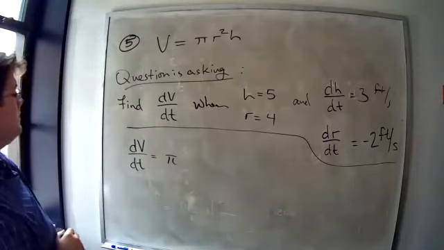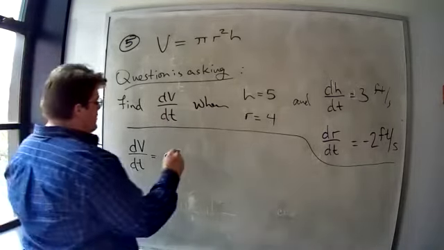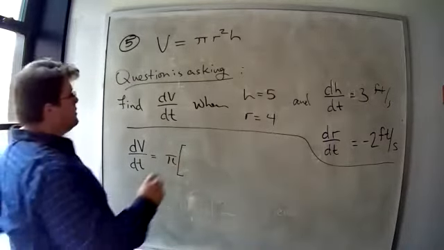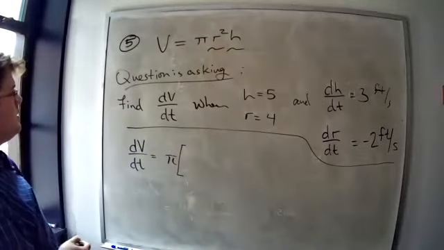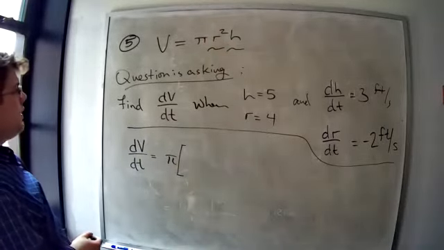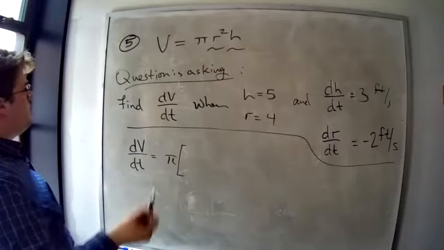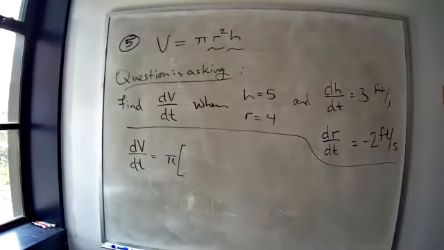On the other side, well, first we have this constant pi. I'm just going to pull pi out because we have r squared times h. We're going to have to do a product rule there, and it'd be much more convenient if we didn't have to think about pi while we were thinking about the product rule. So we have a product rule.